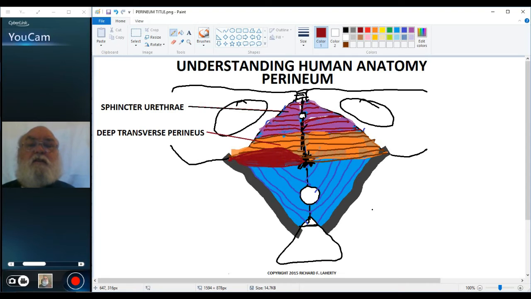I'll sketch in the other one. And it takes origin from the ischial tuberosity and inserts into the perineal body.